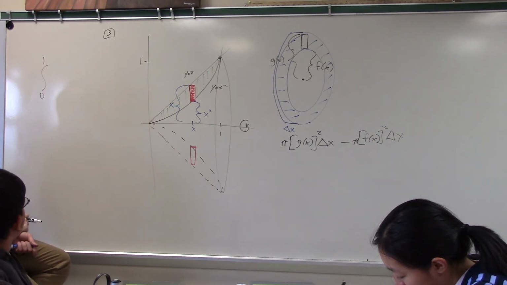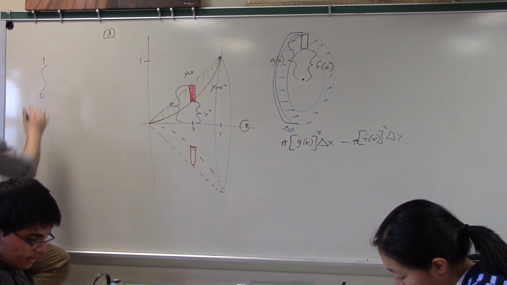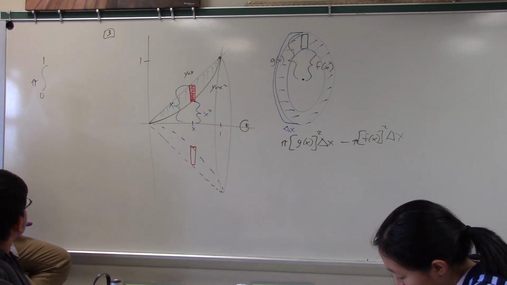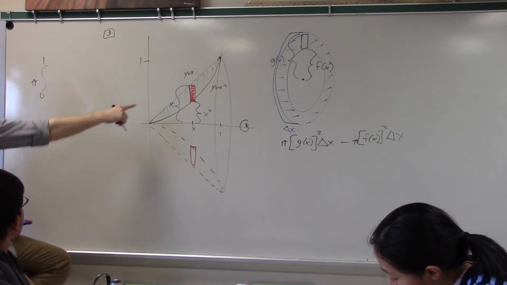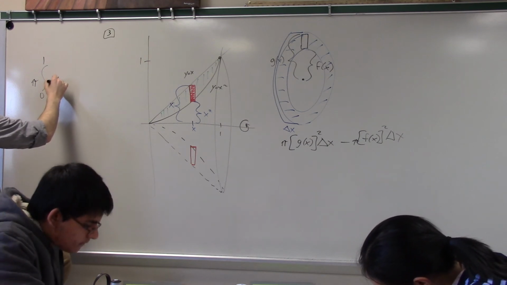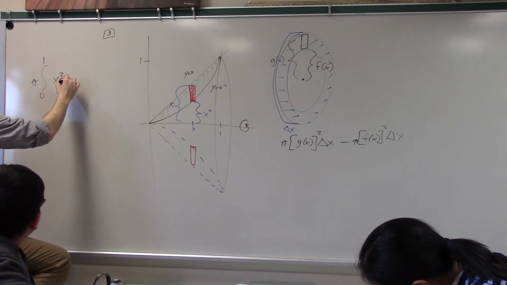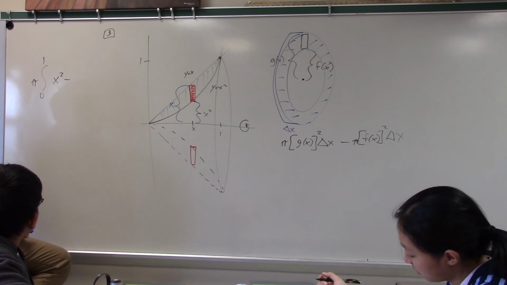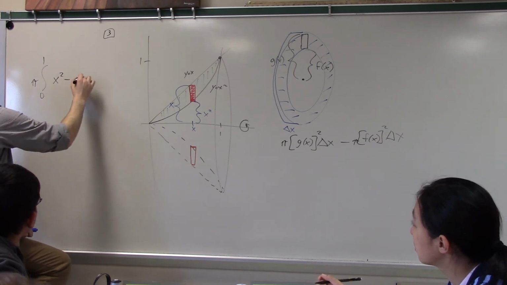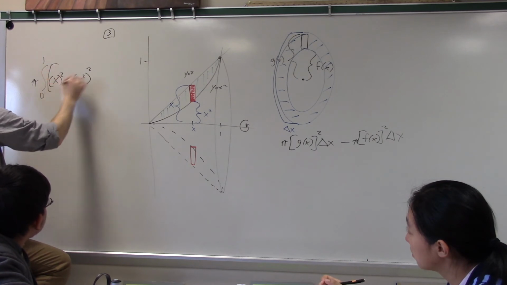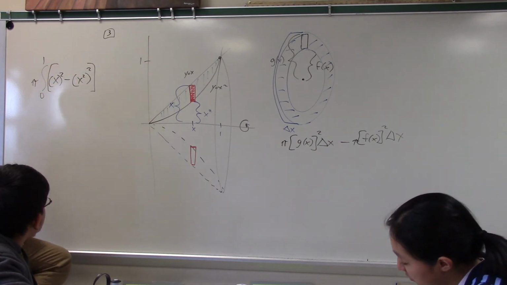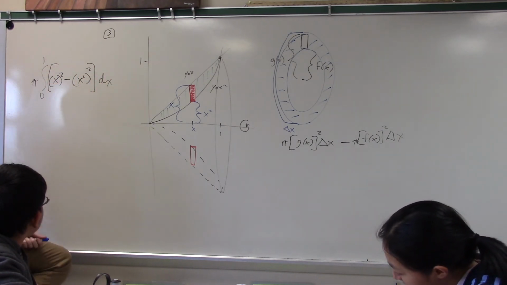It is 0 to 1. Yep. Pi on the outside, and x squared minus x to the 4th. Yeah, it's the outer radius squared minus the inner radius squared, and all of that times dx.